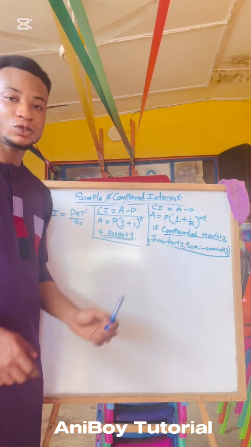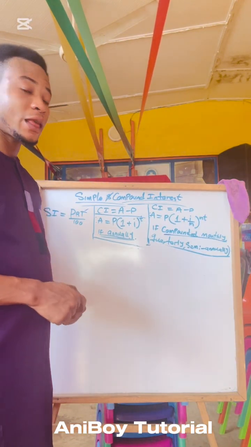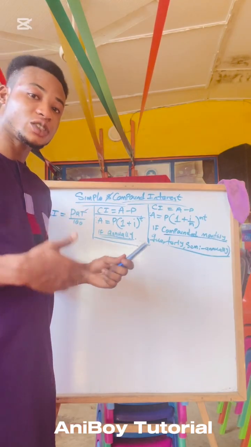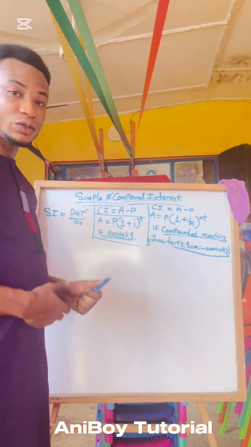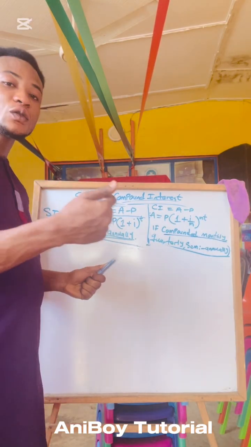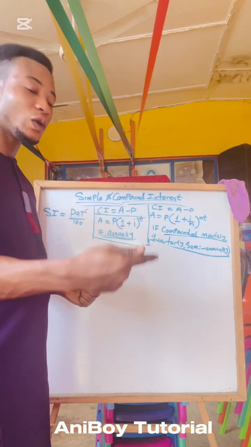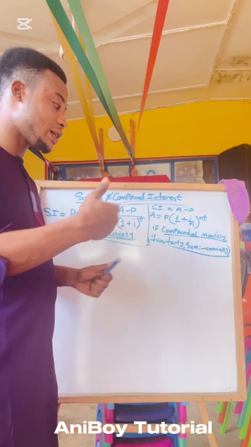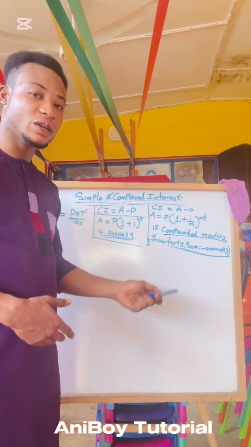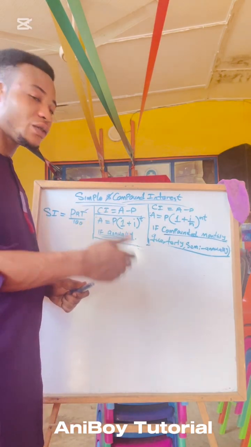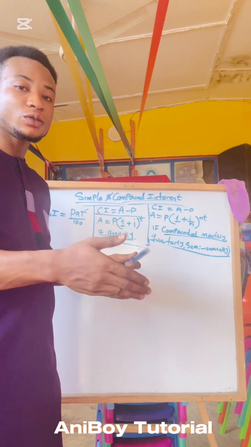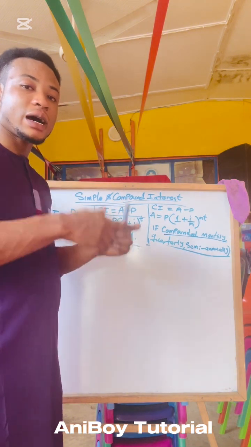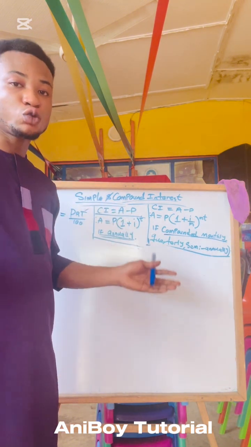Actually, under compound interest, we have three formulas. And that's where students sometimes get confused. If the question says it is compounded annually, that is, the question did not tell us specifically that it is compounded monthly, quarterly, semi-annually, weekly, daily, or anything. That is, the question just gave us: find the compound interest on some amount, the principal and the interest for 2 years.